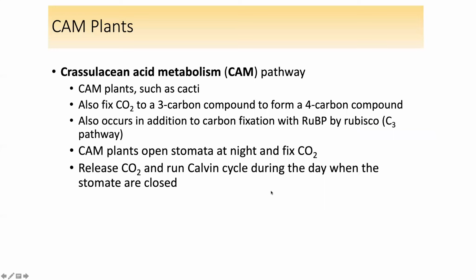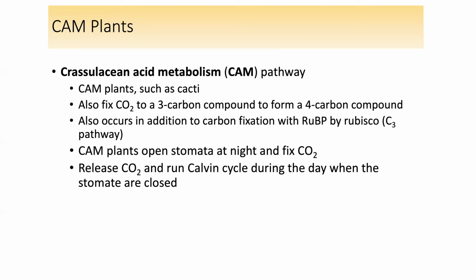The second adaptation that some other plants in much drier climates, such as cacti, have adapted is known as the CAM pathway. This pathway, similar to the C4 pathway, also fixes carbon dioxide to a 3-carbon compound to form that 4-carbon organic compound.